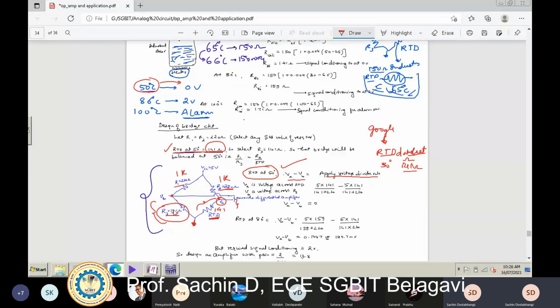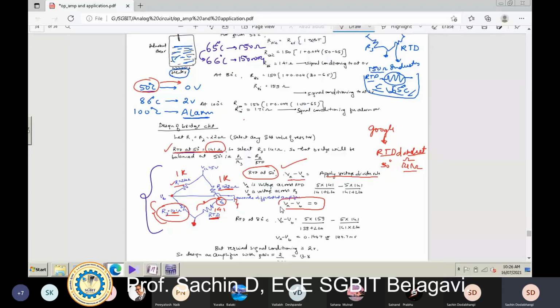Applying the voltage divider rule, when you calculate this VA minus VB, it is 0. Got it? Here RTD at 50 degree centigrade has resistance 141 ohm, and the same 141 ohm I am taking for R3. So this R3 resistance is now fixed at 141 ohm. According to our design, we have converted 50 degree centigrade to 0 volt.